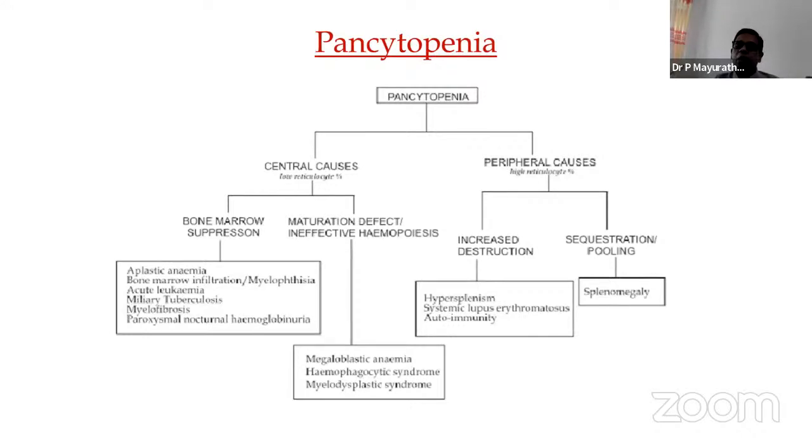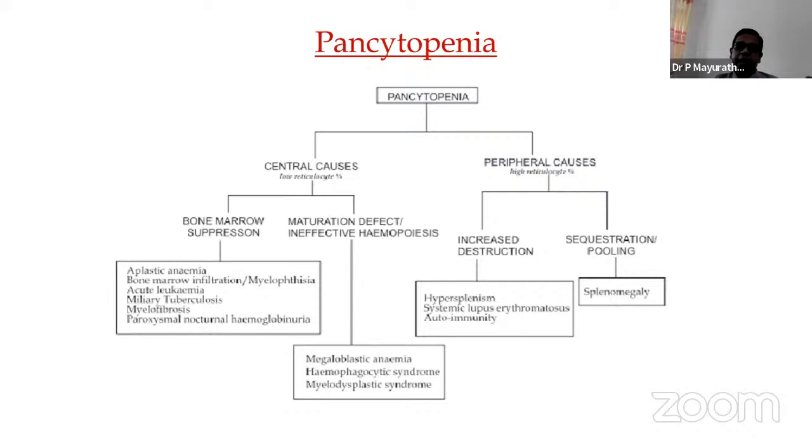Peripheral causes may be due to hypersplenism or autoimmune or antibody mediated breakdown of cells. Central causes may be due to bone marrow problems, maybe aplastic anemia or bone marrow related malignancies, sometimes bone marrow infiltration, or simply bone marrow suppression.